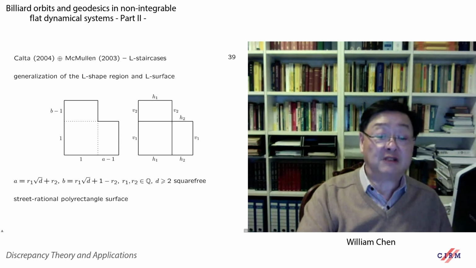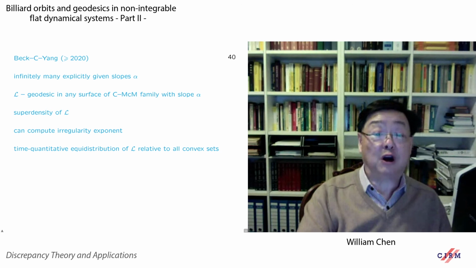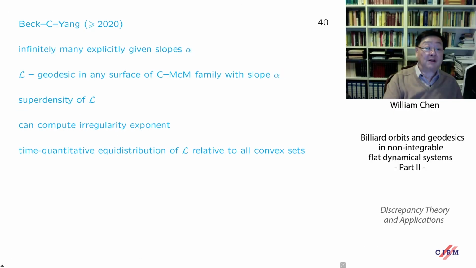And since they are street rational polyrectangle surfaces, our method works. So there are infinitely many given slopes where we have all the various properties that we alluded to. And we can play billiards as well as one-direction geodesics.